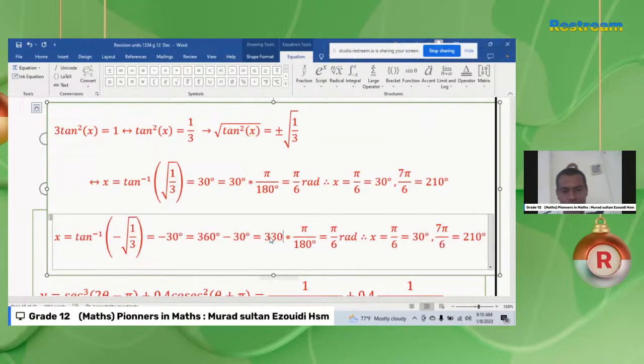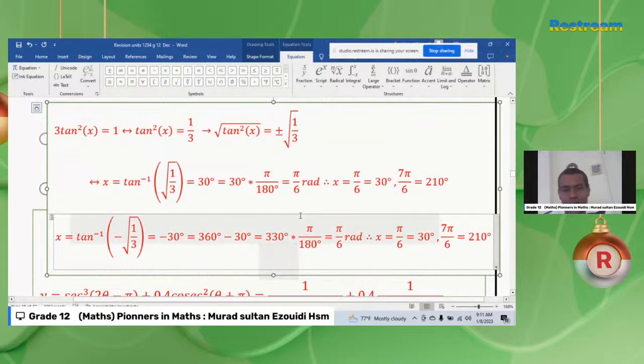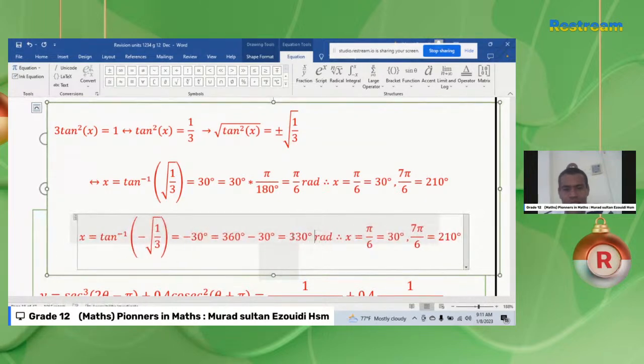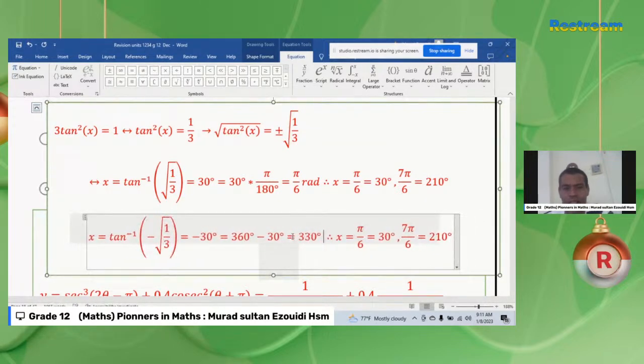But 330 degree, learners, does it belong to the interval 90 to 270? No. If you want to change this to radians, it's easy for you.